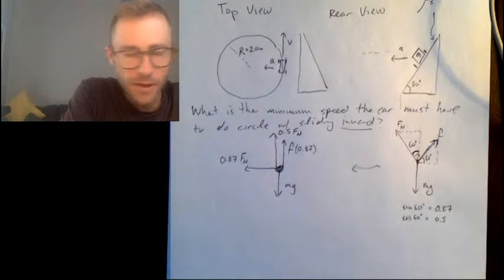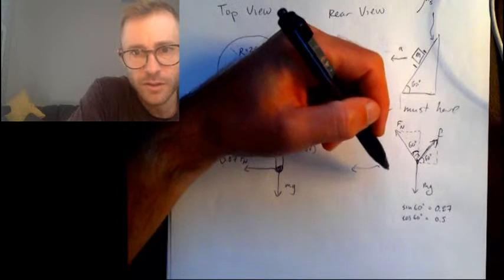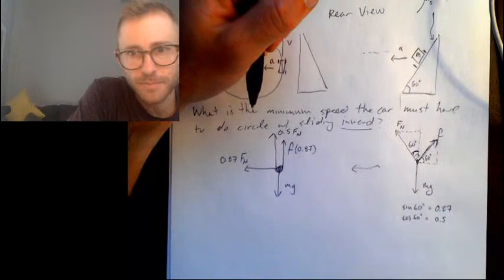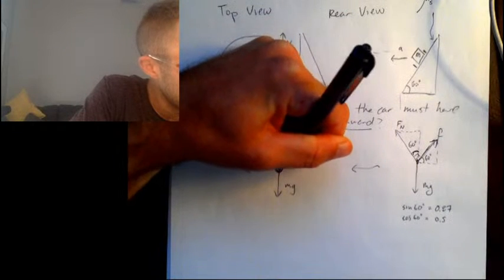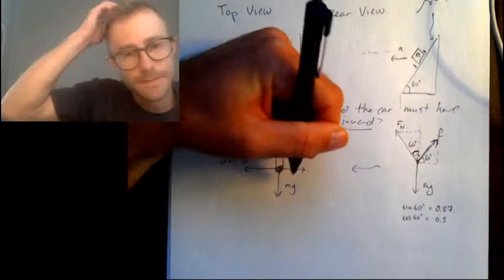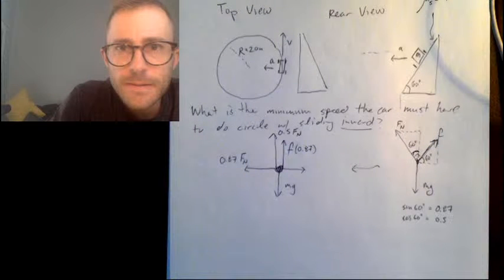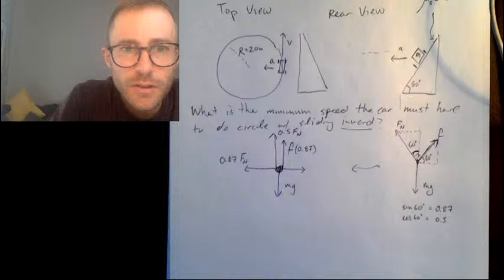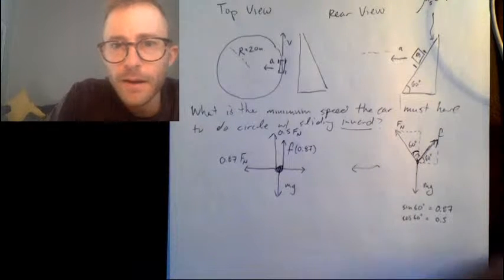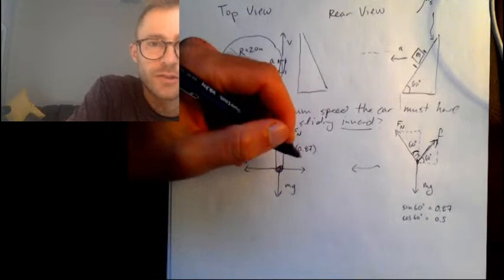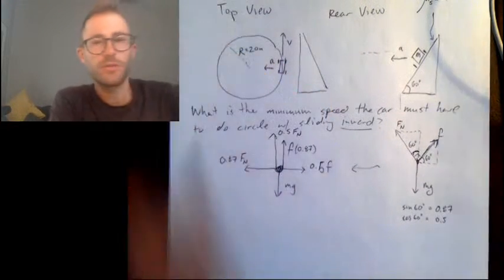And then I have friction times cosine of 60 going to the right, so that's 0.5 times friction going to the right.